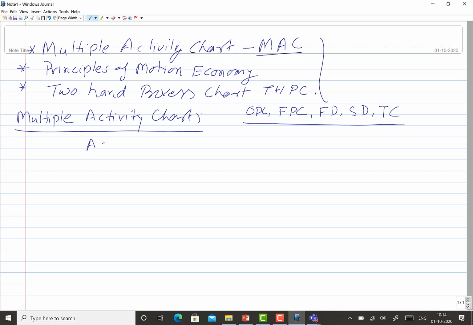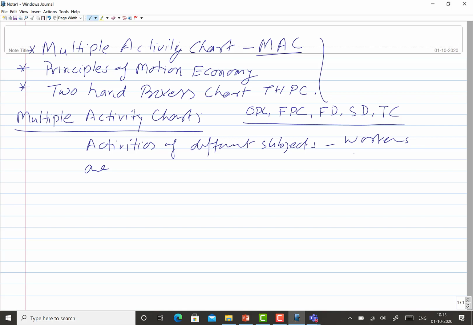So activities of the different subjects. The different subjects means mostly these are the different workers. Activities of the different subjects are recorded.